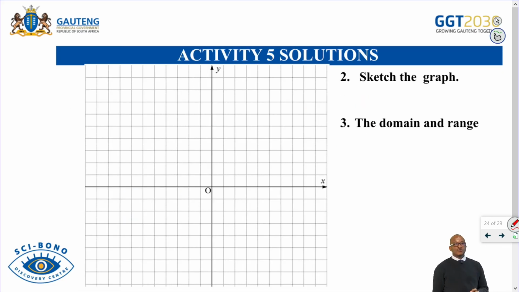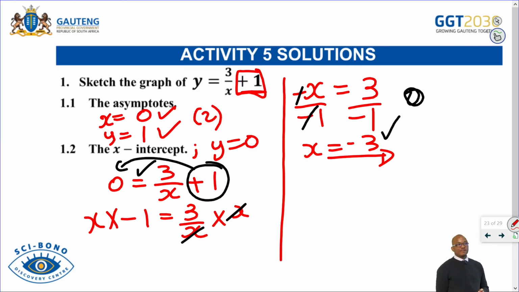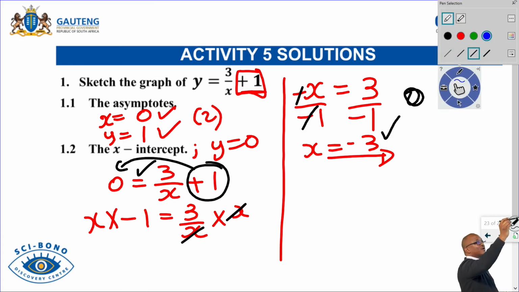Okay? So now the second step is to sketch our graph. Remember, when you sketch your graph, the first thing that you need to indicate is the asymptote. So what are your asymptotes? Your asymptotes are x is equal to 0 and y is equal to 1.